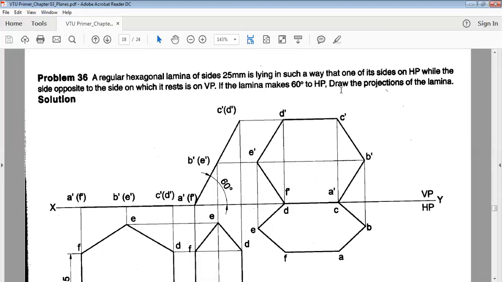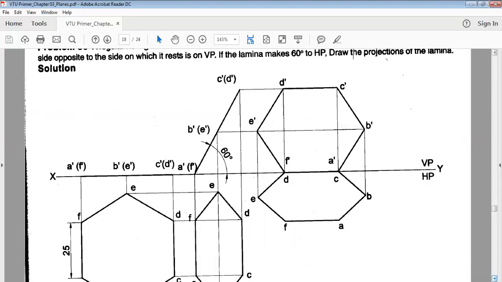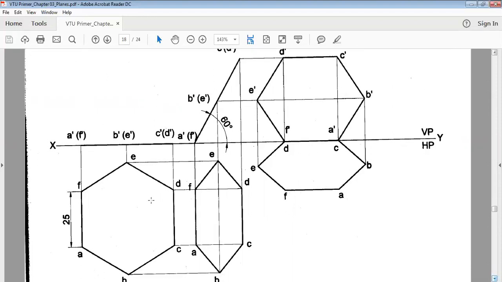So what they have given is, this is the edge opposite to the edge on which it is resting. For example, according to this problem, the edge on which it is resting is AF. The opposite edge to this is DC.